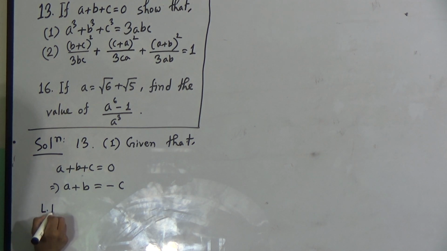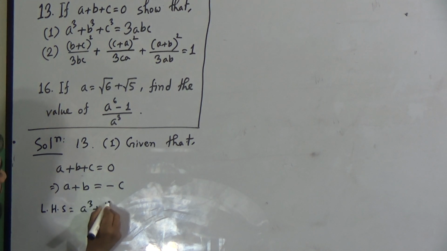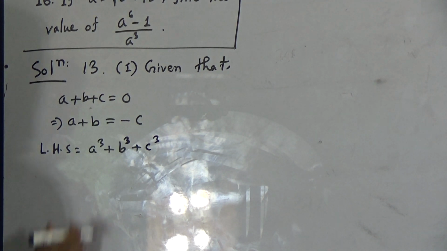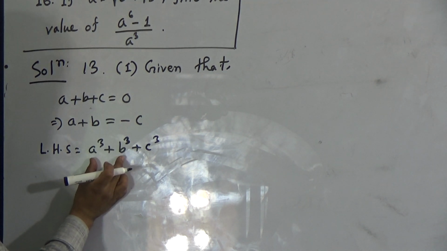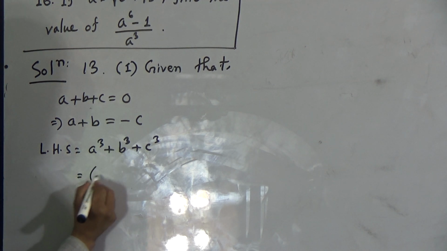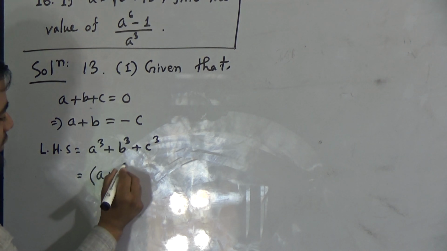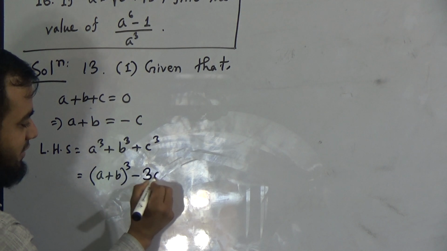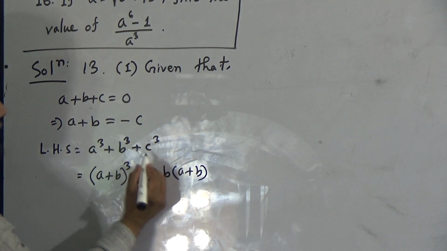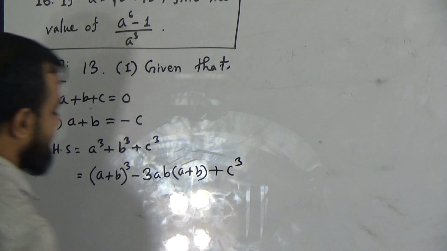So here the left hand side is equal to a cube plus b cube plus c cube. Now you can write the formula of a cube plus b cube. It's a corollary. A cube plus b cube is equal to a plus b whole cube minus thrice ab into a plus b, and plus c cube remains unchanged.